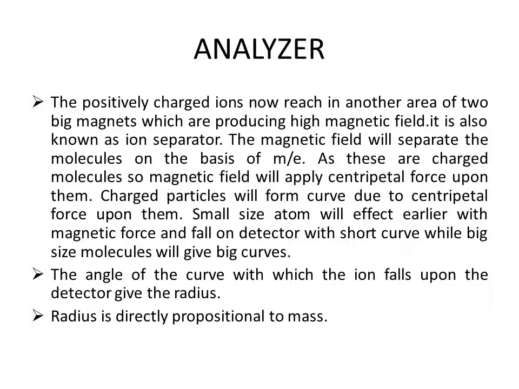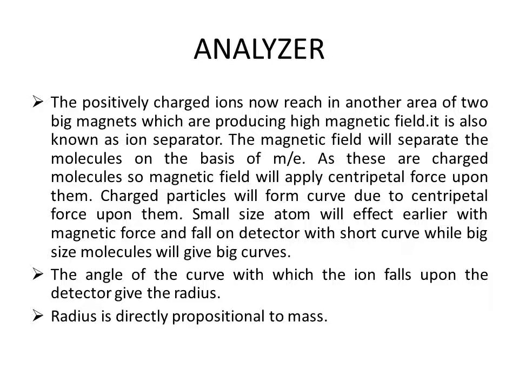The magnetic field will separate the molecules on the basis of mass to charge values. Different peaks will be shown on the detector and computer, so we will understand how many isotopes of that substance are present by counting the peaks.